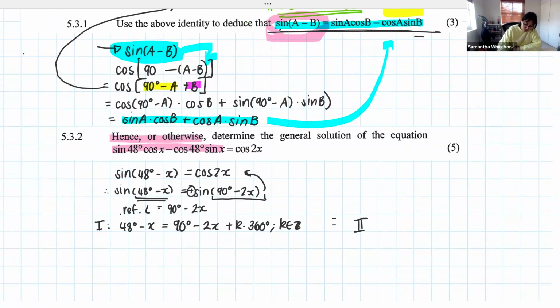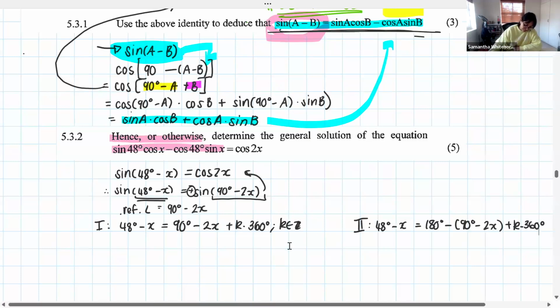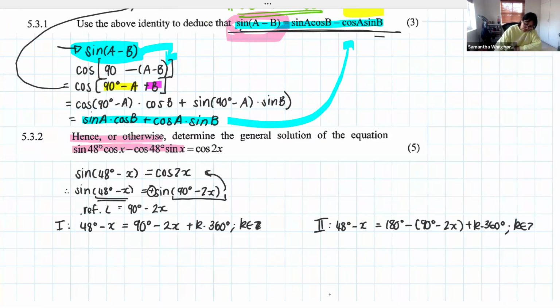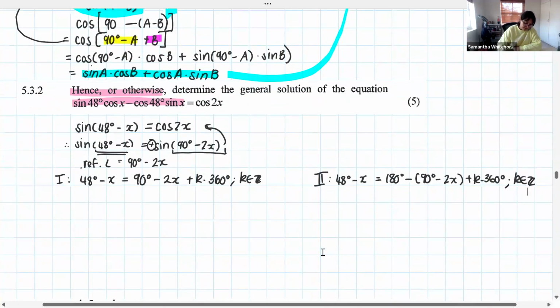Quadrant 2 solution is now where we have to apply the reduction. So again, it's the angle 48 minus x is equal to, we now apply the reduction appropriate for quadrant 2, 180 minus my reference angle of 90 minus 2x, and then the plus k times 360, etc. And now you just go and solve your 2 general solutions.